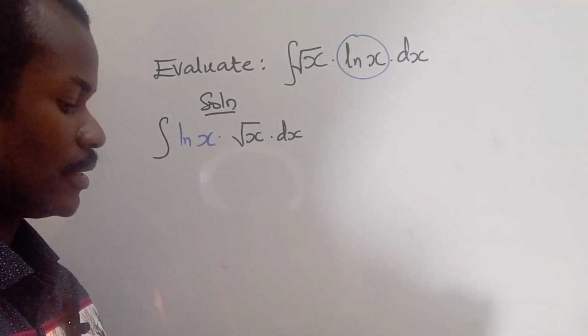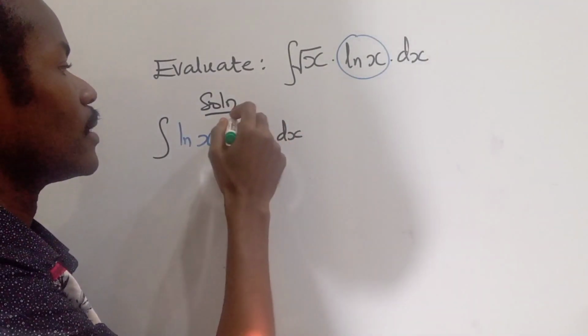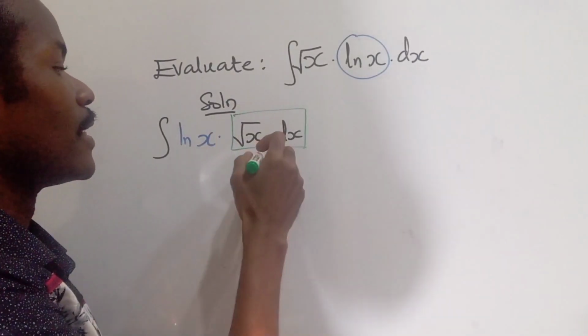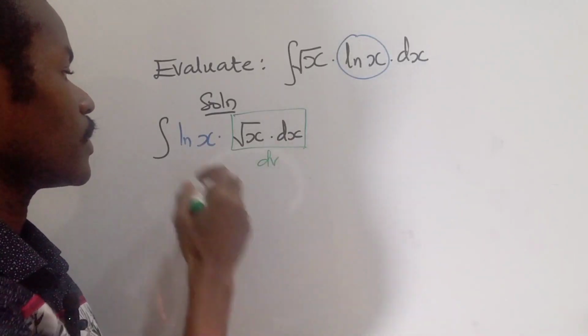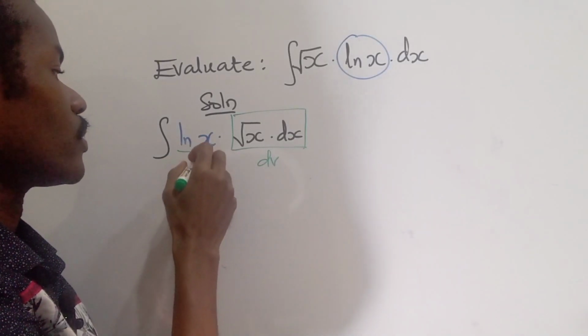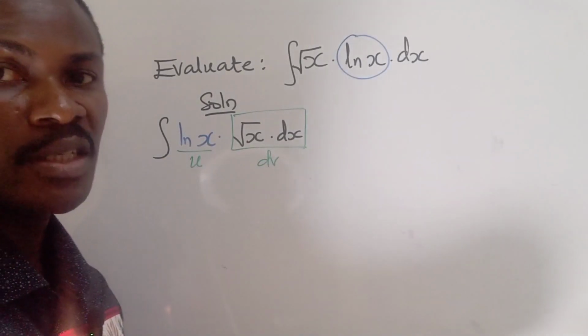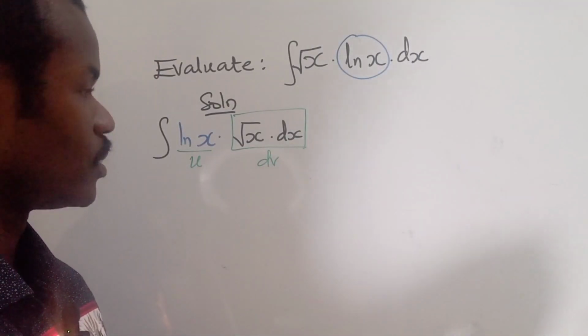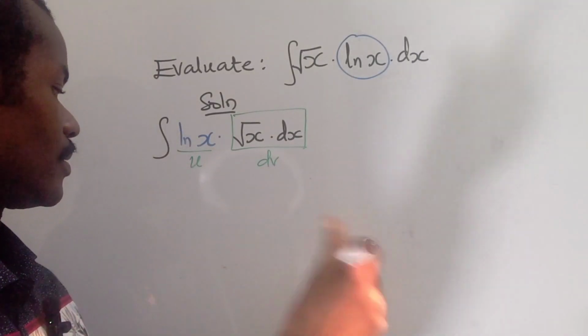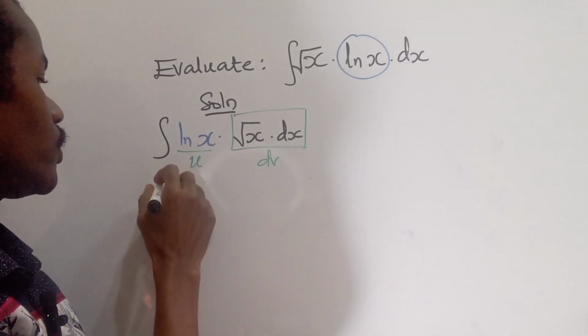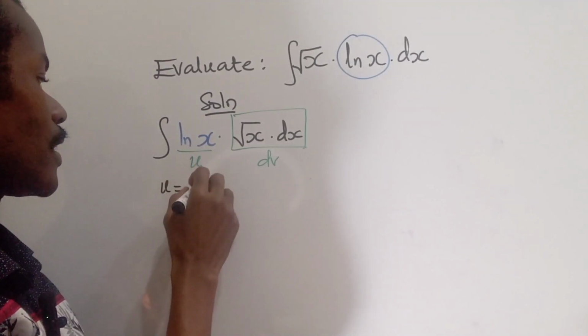What this means is, I want to take all these parts as my dv, and this becomes our u.